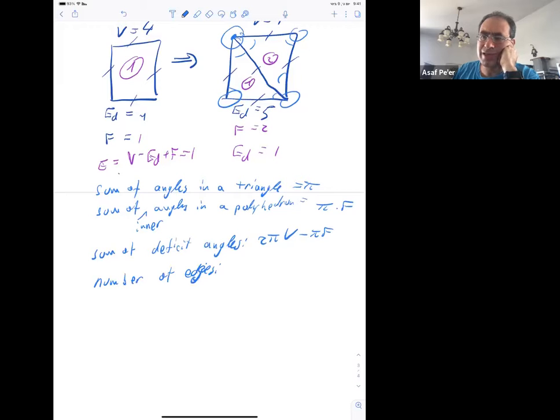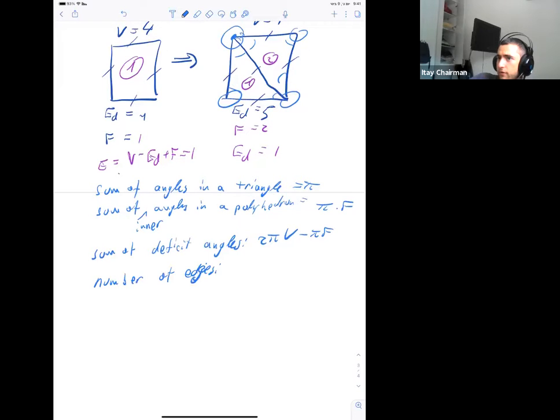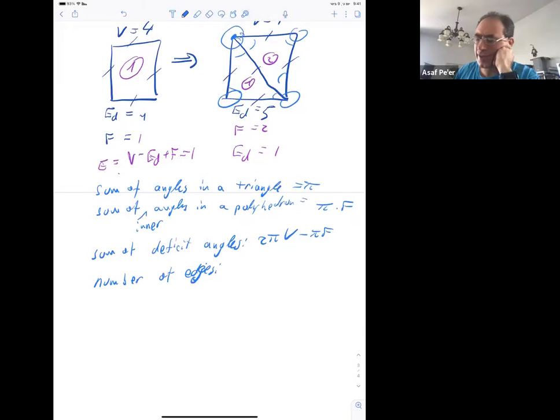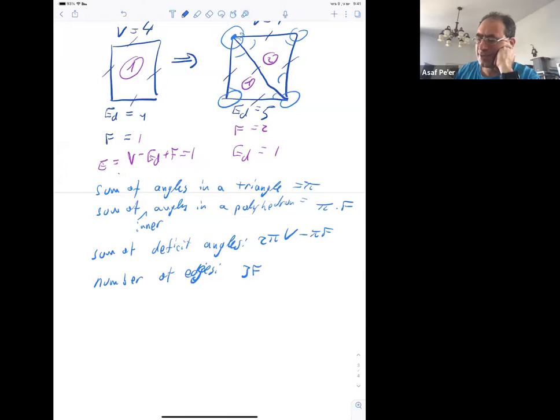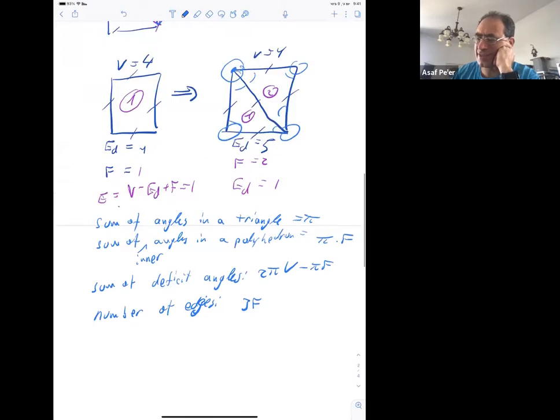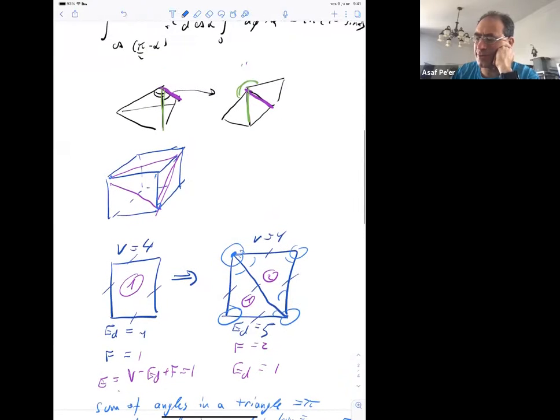How many triangles do we have? Maybe 3f. Yeah, but is this the number of edges? Minus e, the number of edges in the original. Because each edge is common to two triangles, right?